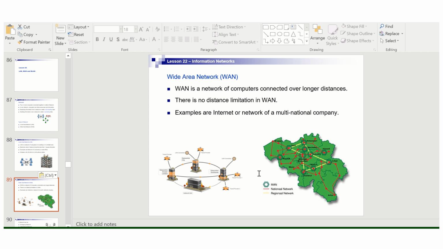Of course, there are other networks, guys. Read more about them, like a MAN, like a PAN, and many others. So check on them. The more you get used to reading, the better. All right.